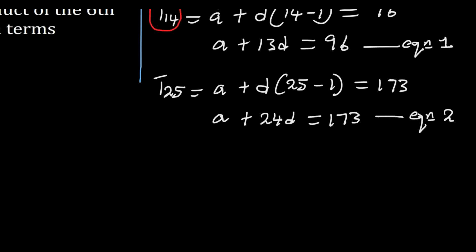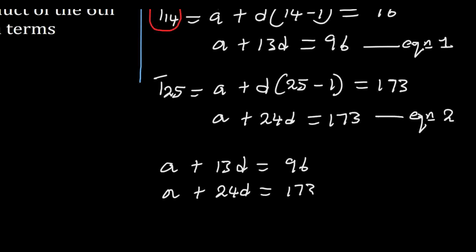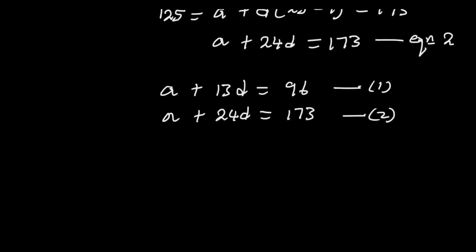So now let's bring them together. a plus 13d is equal to 96, and a plus 24d is equal to 173. This is equation 1 and this is equation 2. We can now subtract equation 1 from equation 2.